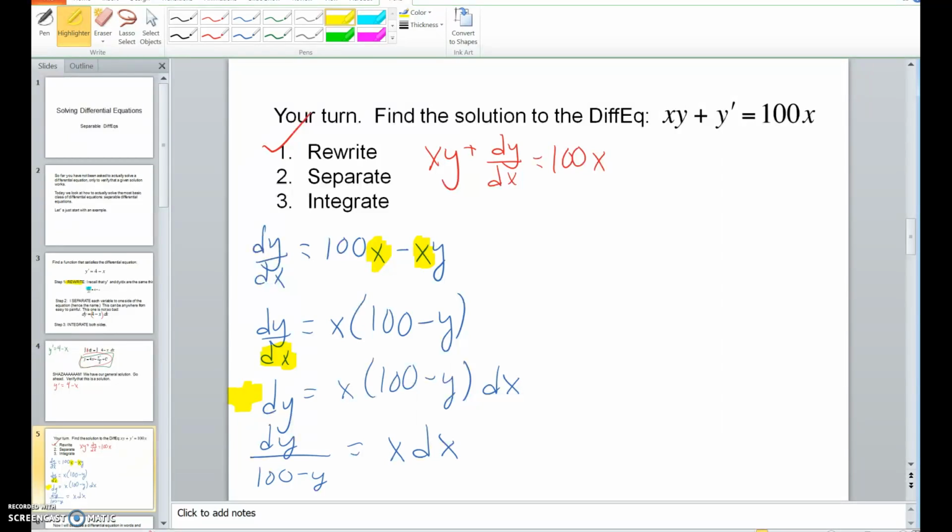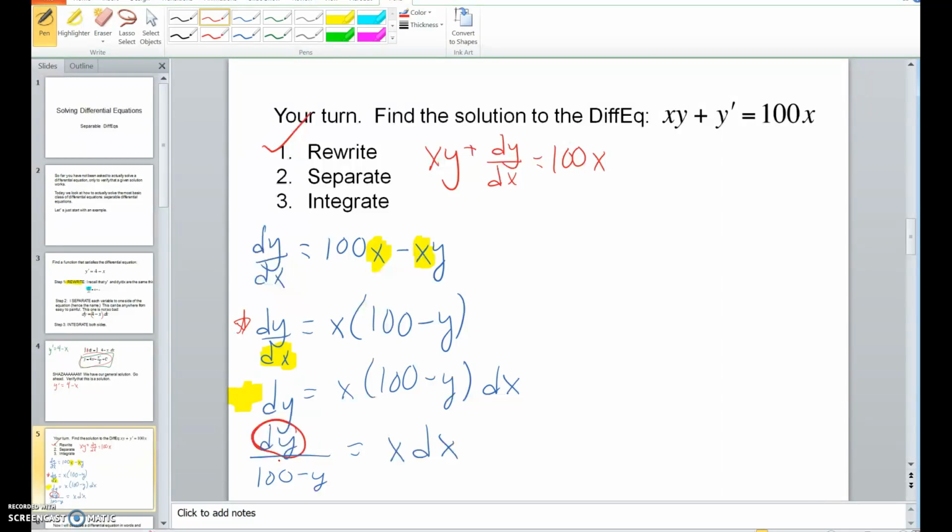So this is what I was talking about earlier. When you get to this step where you are starting to split up the dy/dx, notice I multiplied the dx to the other side because I want to keep the dx and the dy in the numerator of things. So notice I have dy in the numerator here.